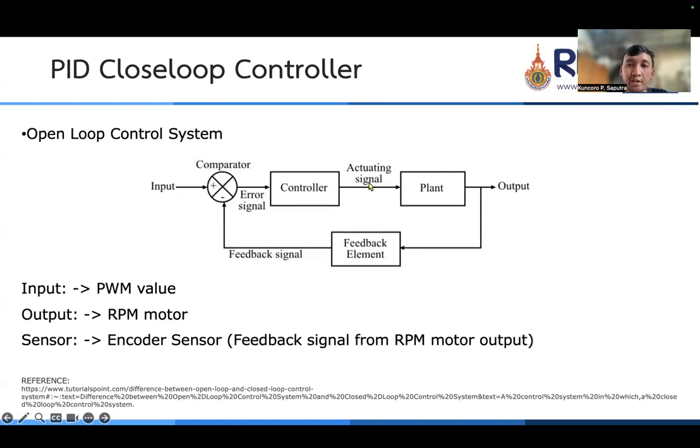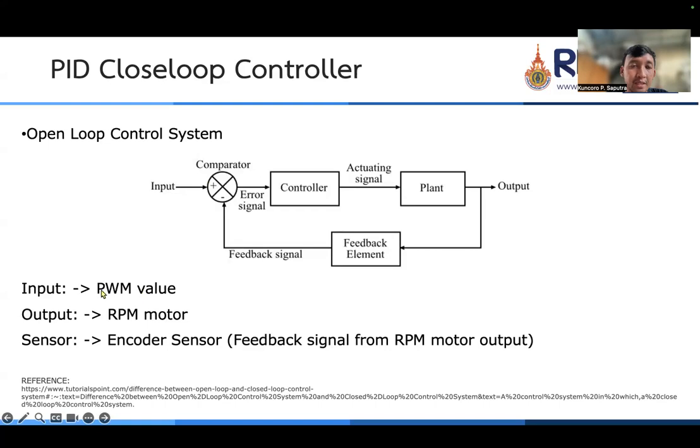So the RPM value as an output, we compare with our desired output, and then we can get the error. So the error is used for the comparison with our set point. If the error is bigger, the controller should make the error smaller than before.